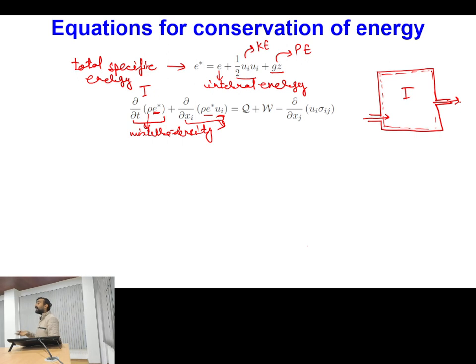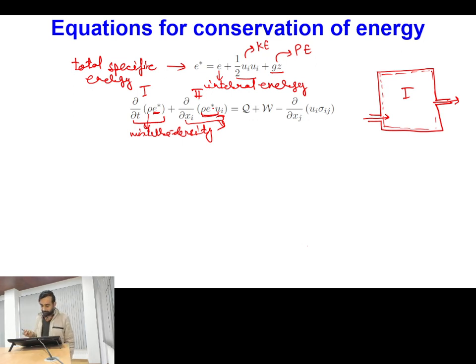So there are energy interactions across the boundaries also. This second term accounts for these energy interactions across the boundaries. Rho times u is your mass flux, and E star is the specific energy carried by that particular mass.